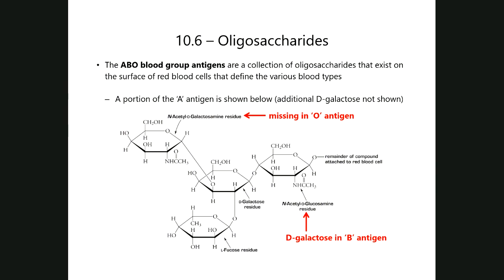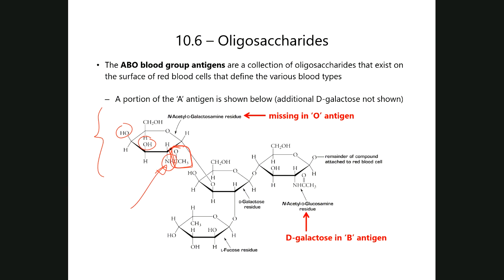So let's analyze this entire structure so that you can start identifying these patterns. If we start on the top left, this one over here, notice this is down, up, up. So this is coming from galactose. But notice there's an amino group instead of the regular hydroxy. And not only that, there's an acetyl group attached to that nitrogen.